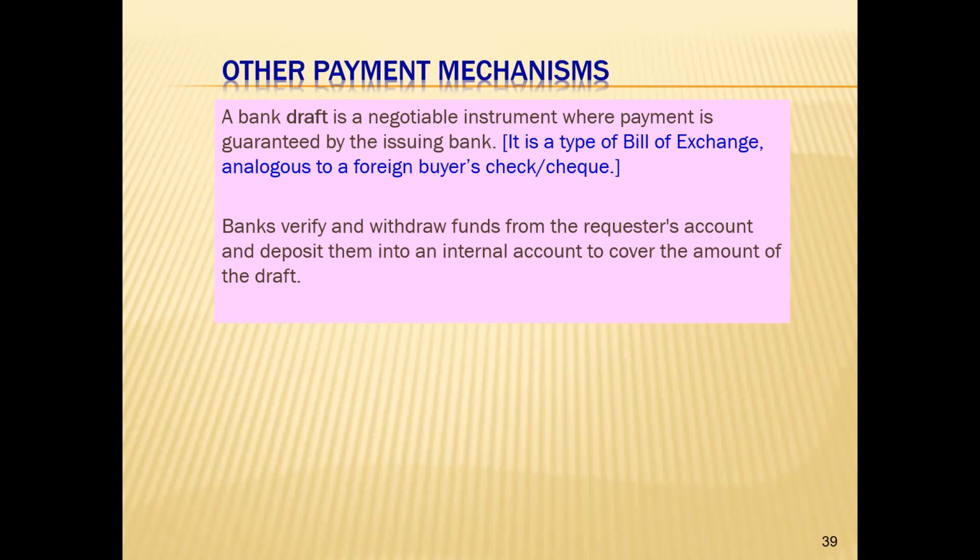Okay. And normally with foreign currency drafts, the issuing bank will have an account with a foreign bank that deals with the particular currency. So, for example, let's say Scotiabank may have an account with Bank of America in the States, whether that's Florida or New York or California, wherever the case may be.